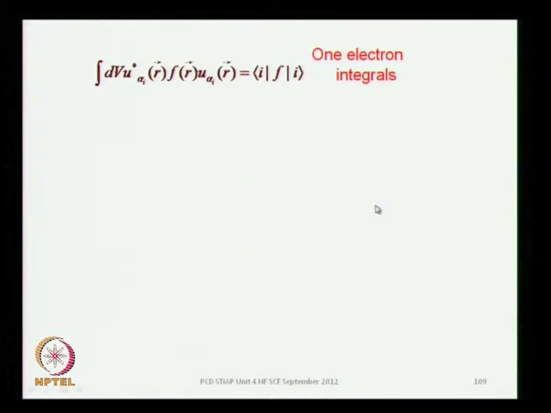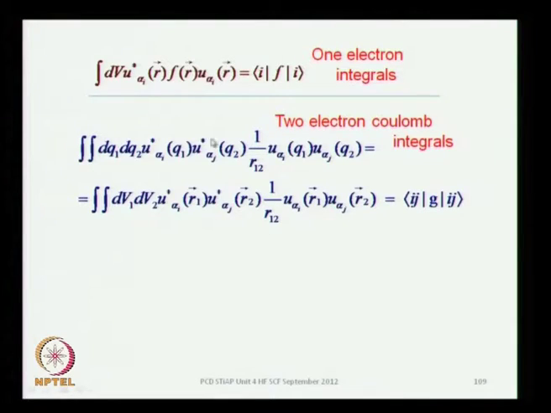Now, let me remind you that the 1 electron integrals can be written in a more compact fashion in the Dirac notation. So, we will go over to the Dirac notation, because then it is much nicer and easier to write the relations. Likewise, the 2 electron integrals, the first is the Coulomb integral, which is sometimes called a direct integral.